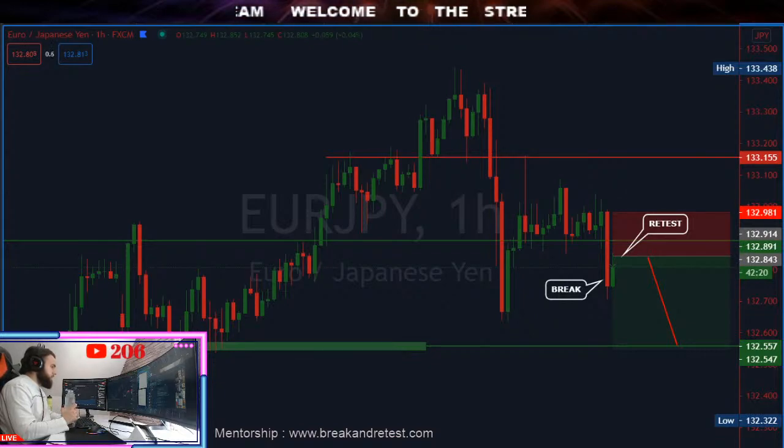So far so good. We're saying it's slow all the time, but in reality this is the fourth trade for the week actually. So not very slow.